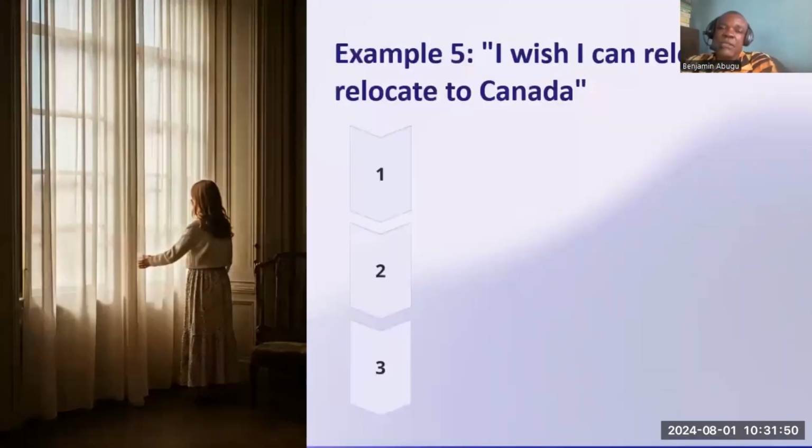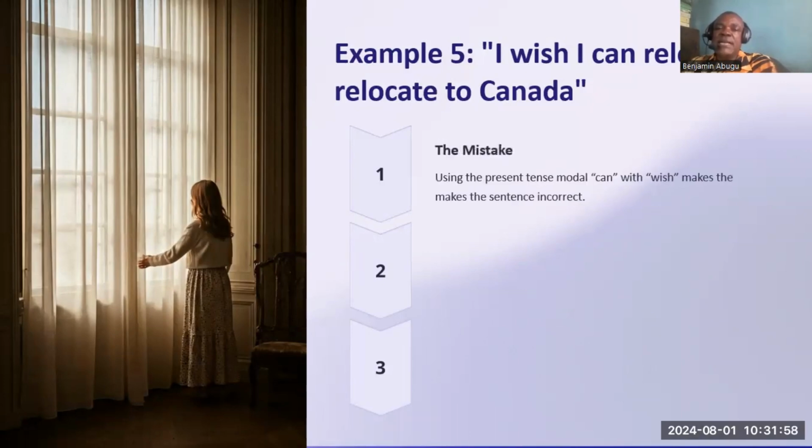Okay? Now, example 5, I wish I can relocate to Canada. Now, the mistake here is using the present tense can with wish. Whenever you are using the expression I wish, what should follow should be the past tense of the verb.